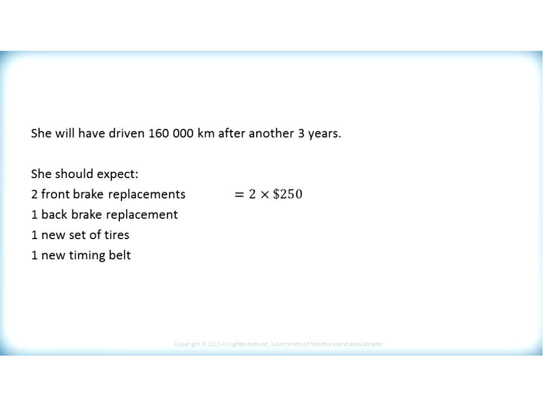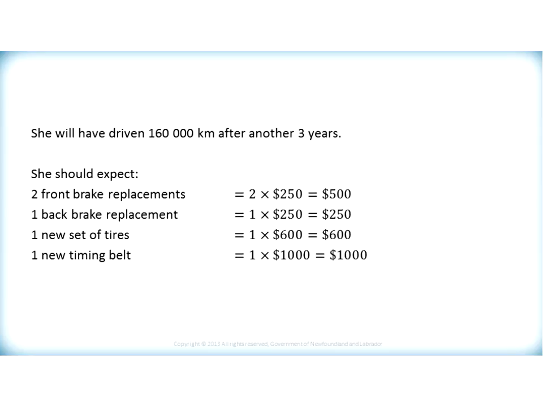The total cost on the front brakes, 2 brake replacements, will be 2 times $250, or $500 in total. For the back brakes, 1 replacement at $250 will give us a total of $250 on our back brakes. Her new set of tires, she's going to need 1 set at $600 a set, which means it's going to cost her $600. And her timing belt will be $1,000 because she replaces 1.